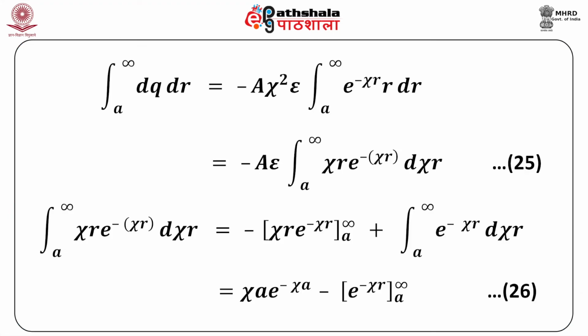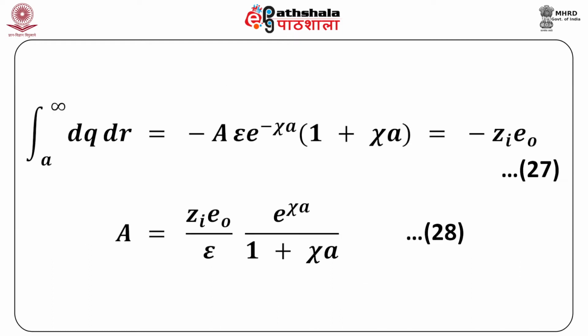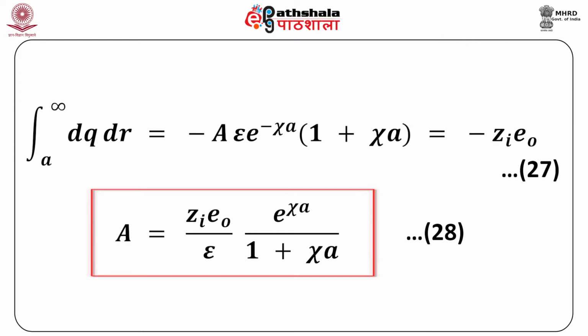Thus, equation 24 transforms to equation 25. Using integration by parts to solve the integral, we get equation 26. Hence, inserting equation 26 in equation 25, we get equation 27. Hence, we get A = (Zi e0/ε) e^(χa)/(1 + χa) as our equation 28.